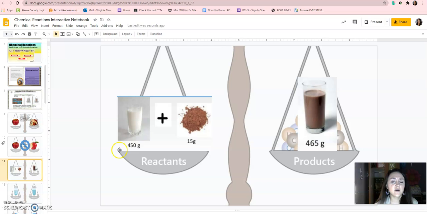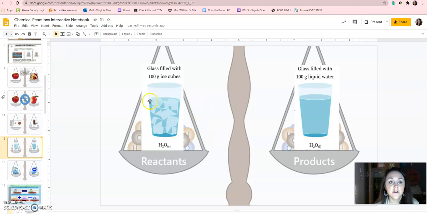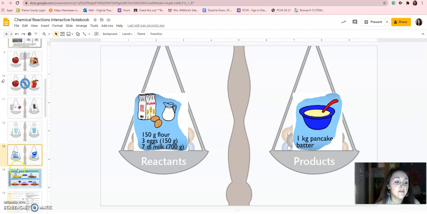It's a very simple equation like you would do in elementary school where you would do 5 plus 6 equals blank. 5 plus blank. So your stuff on the left side of the equation has to equal the stuff on the right side. So right here, 100 grams of ice cubes, 100 grams of water, 160 grams of stuff equals the same amount of pancake batter.